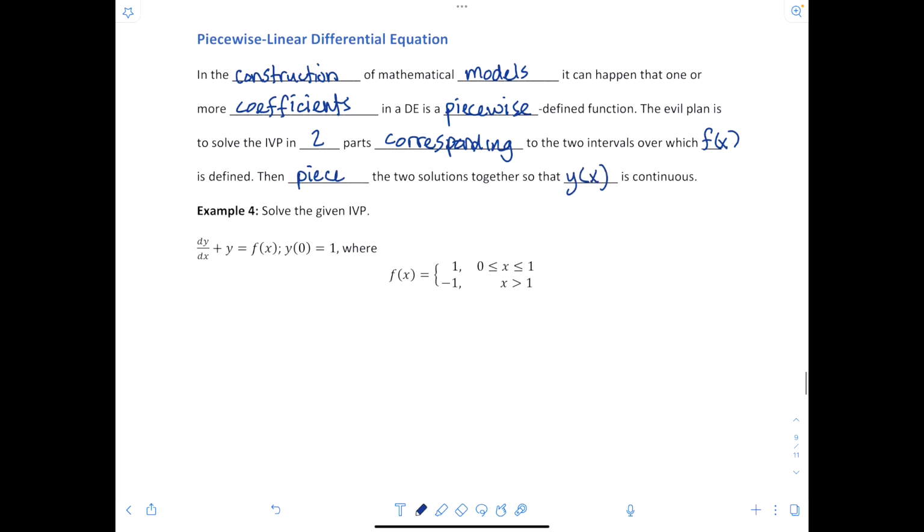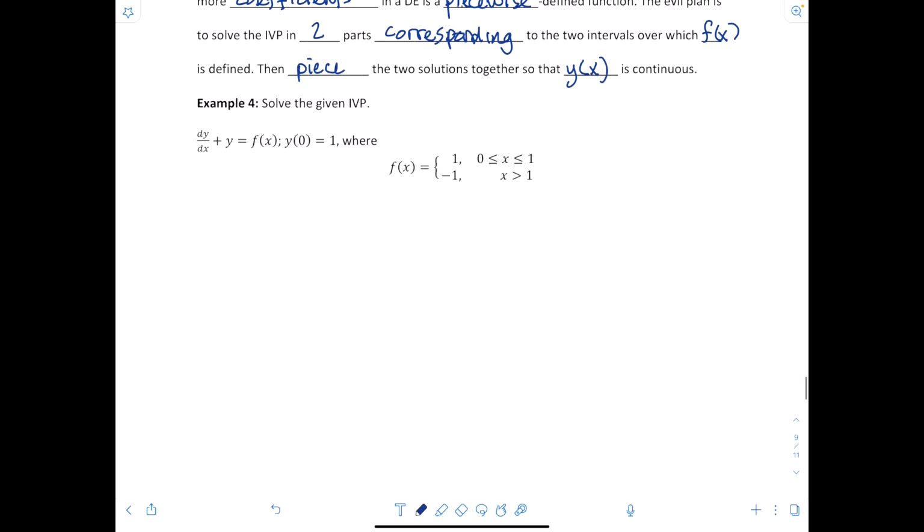So let's take a look at this guy here. First, I'll just call it a and b. dy dx plus 1 times y equals 1, and I'll do that first interval.